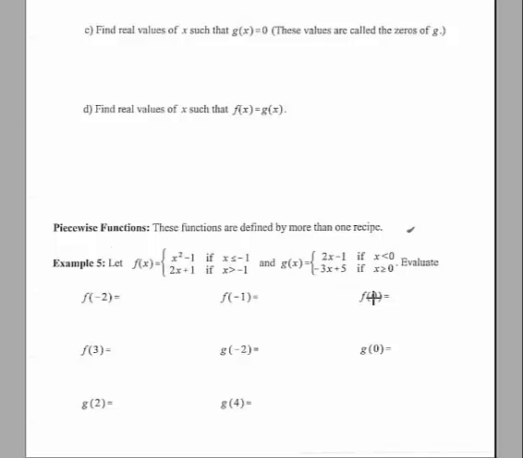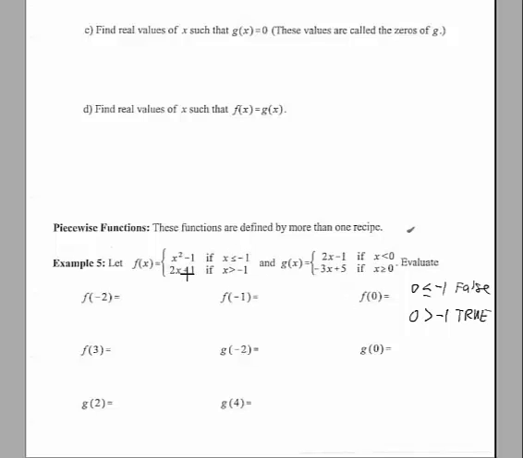What about f of 0? Well, we're back to this piecewise function. Which inequality does 0 satisfy? Is 0 less than or equal to negative 1? False. Is 0 greater than negative 1? True.